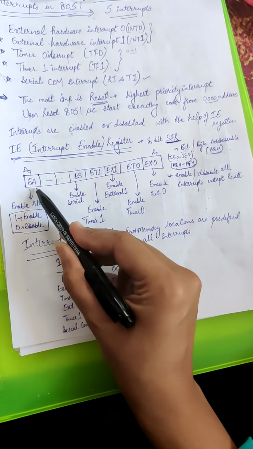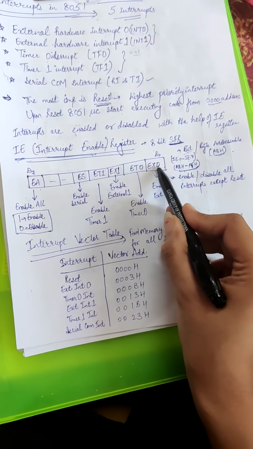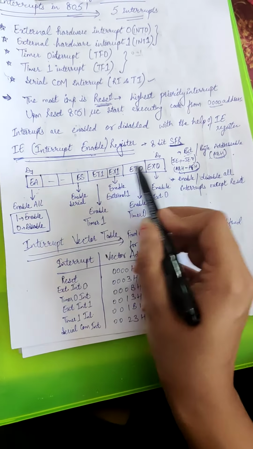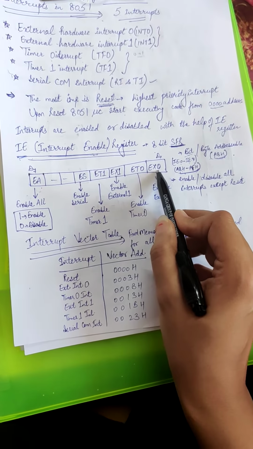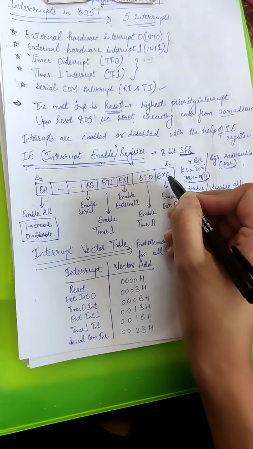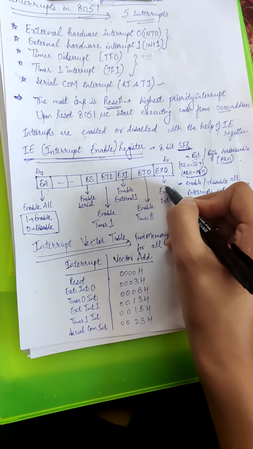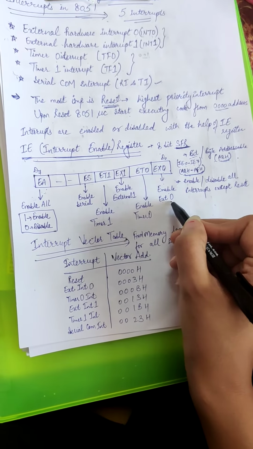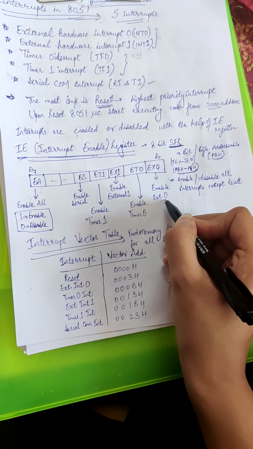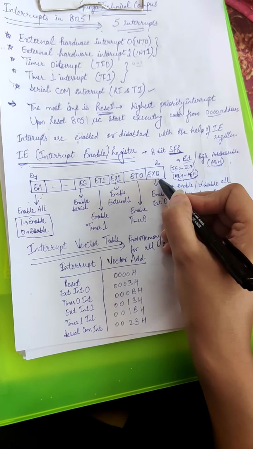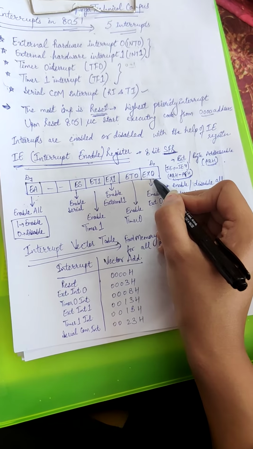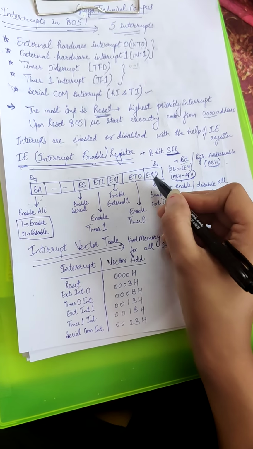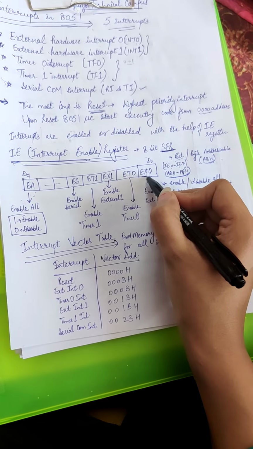So this is interrupt enable, an 8-bit register, D0 to D7. These are the bits which are used here. So D0 bit is EX0, that is enable external interrupt 0. 0 is for timer 0, 1 for timer 1. EX is external.